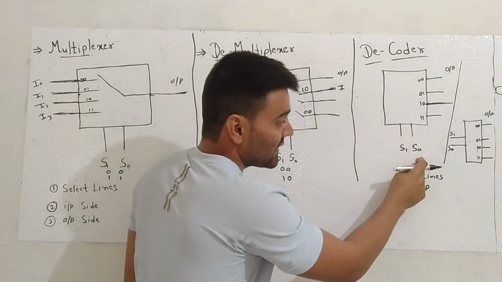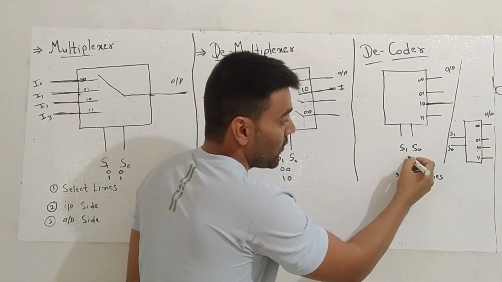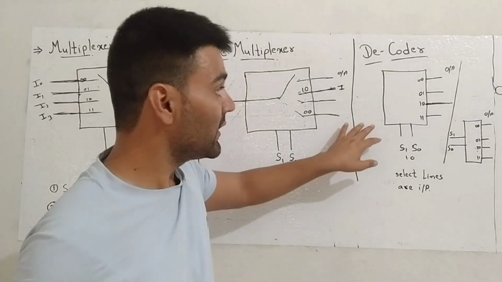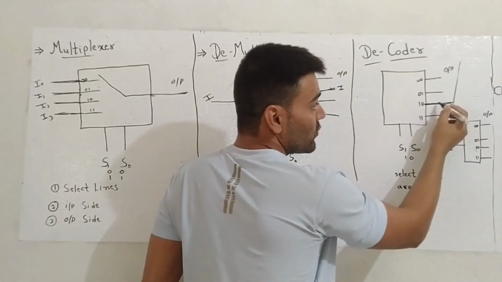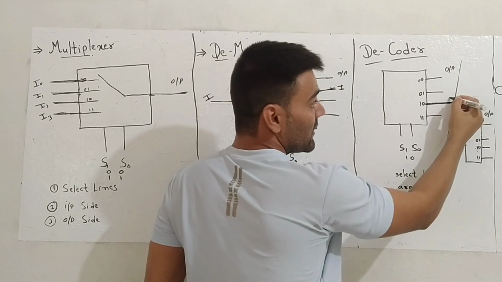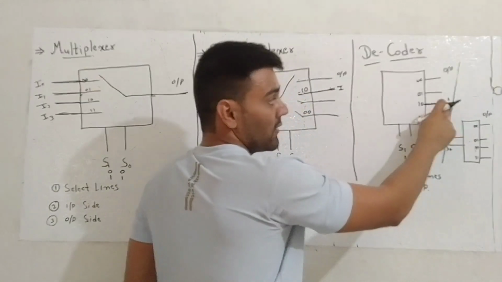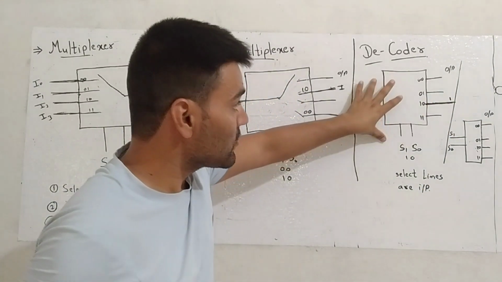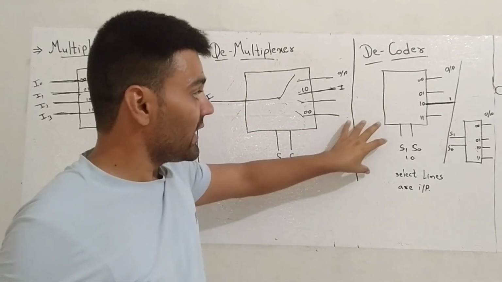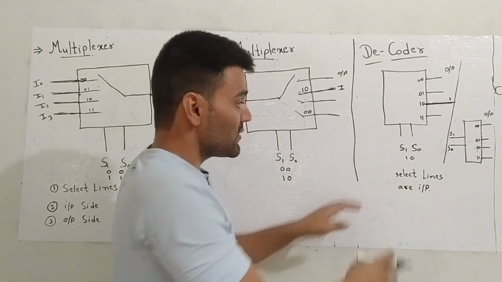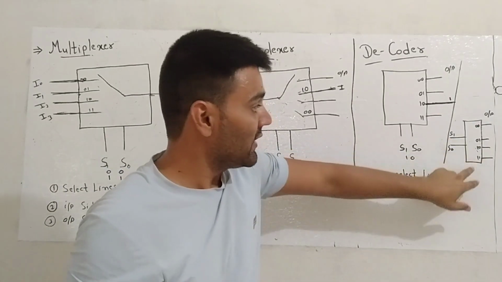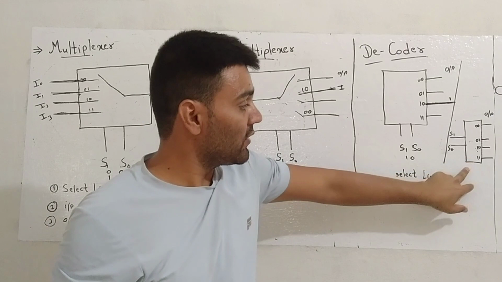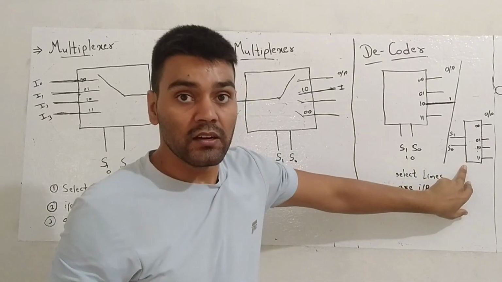Suppose on the select lines we are giving 1 0, then we will get the 1 at this pin, this 1 0 pin we will get logical high. Okay, so this is a decoder, and here sometimes the select lines behave like inputs, so this can be the circuit design, like a diagram of a decoder.